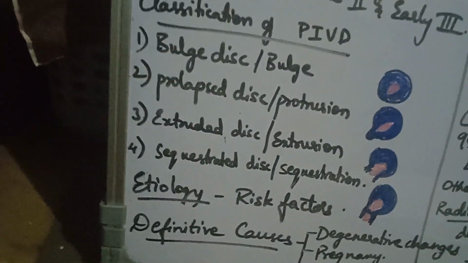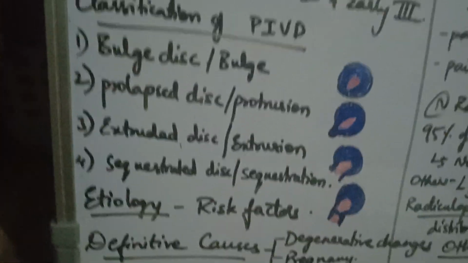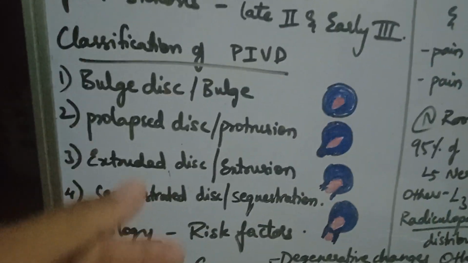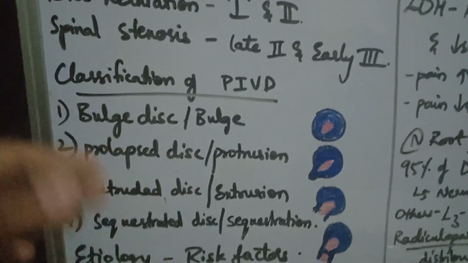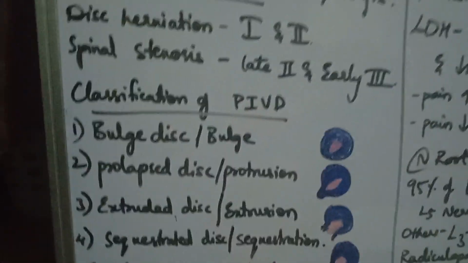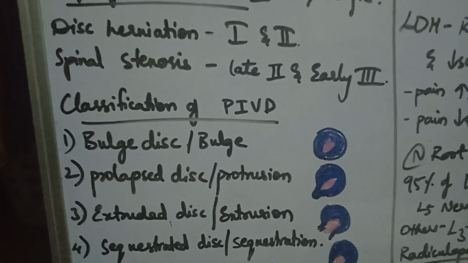And next, definite cause. What is the actual cause? So there will be degenerative changes. So what do you mean by degenerative changes? Assume that in the previous slide I have told you that as the age increases, the disc also will be decreased. So when there is a degeneration of the disc, the disc will be susceptible to trauma.